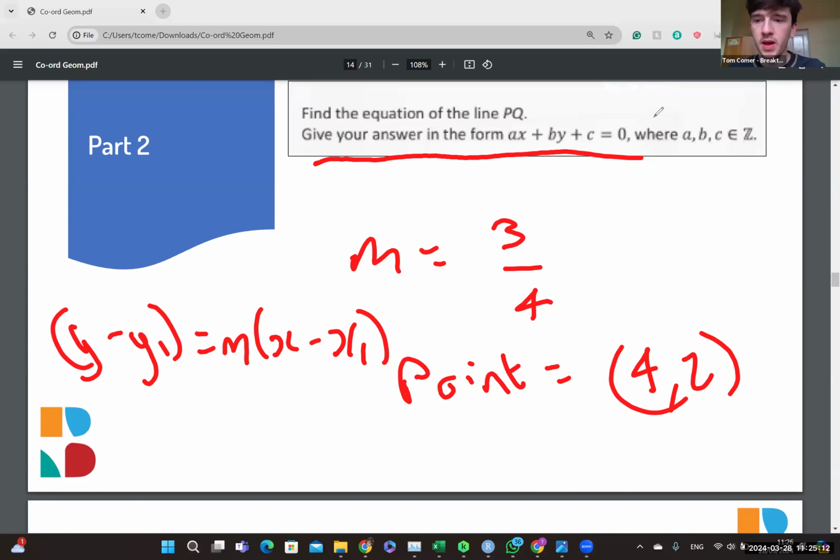Brilliant work from everyone sending me answers. Take your time with this one, guys. It's really important to pay very close attention to the signs. I can see a lot of people are making a few wee silly mistakes with those.